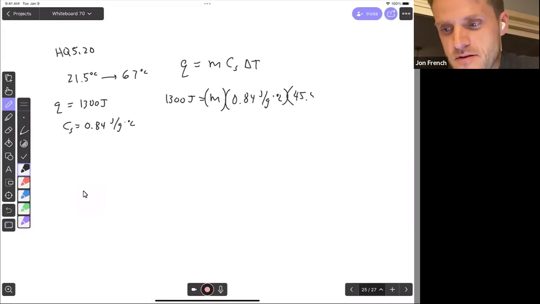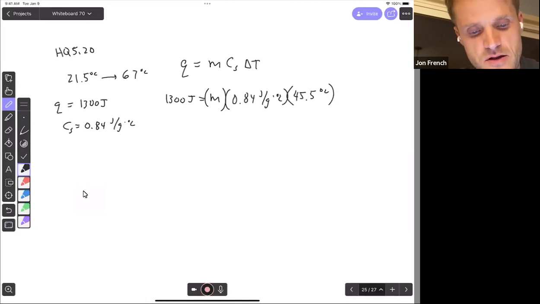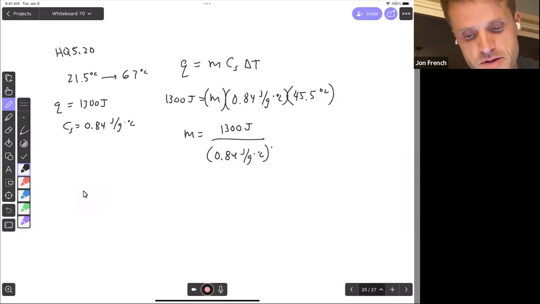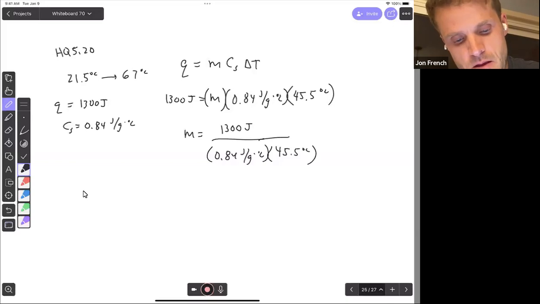That's 45.5. So we're going to solve for mass, right? So mass equals 1,300 joules divided by 0.84 joules per gram degree Celsius times 45.5 degrees Celsius.